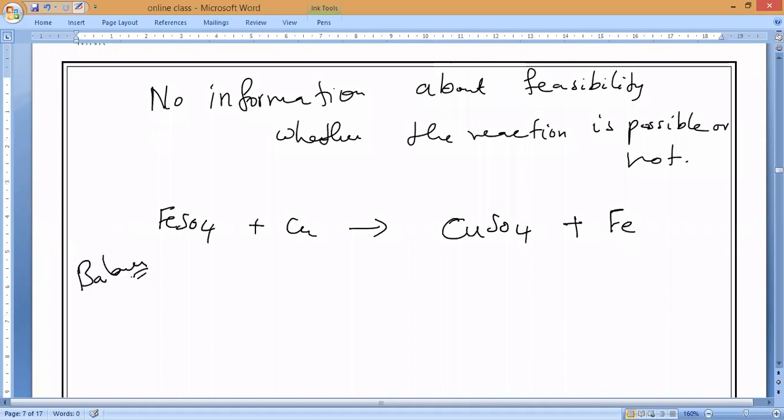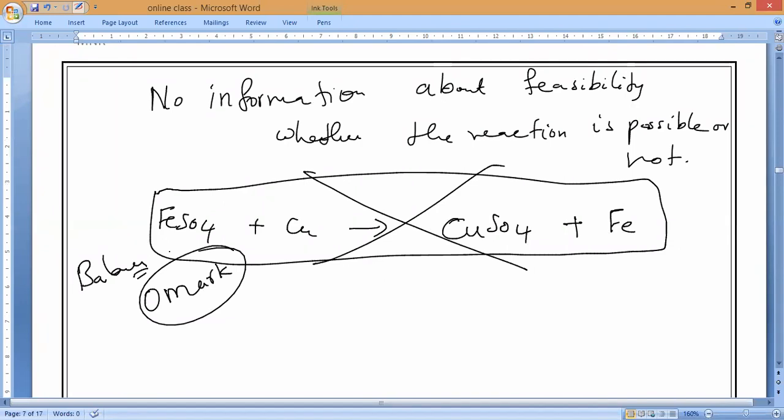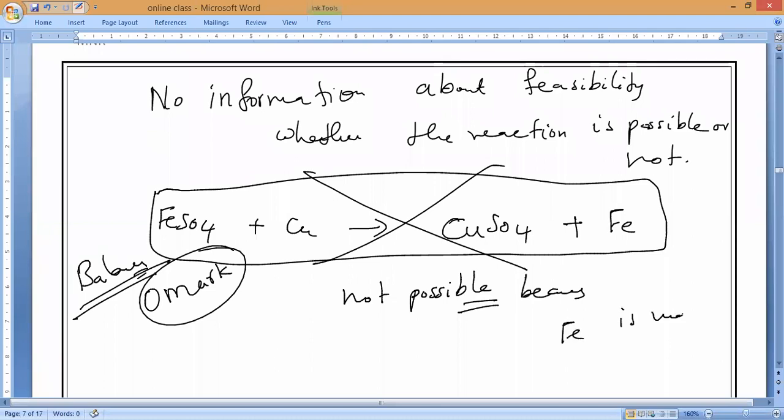You will say, yes, it is already balanced, but they will strike it and give you 0 marks. Why? Because you say it is already balanced, but this reaction is not possible, because iron is more reactive than copper. Clear, guys? Then only you'll get the mark. Any doubt? Anybody?